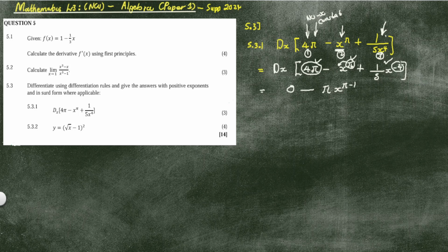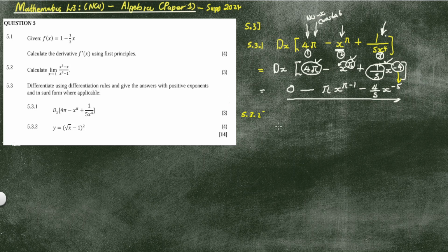Then we take this minus 4 and multiply by the positive 1 over 5. This gives us minus 4 over 5, x raised to exponent minus 4 take away 1, which gives us minus 5. This is the final answer. Keep in mind, when we differentiate, we always subtract 1. That is why I have a minus 5 on this one.